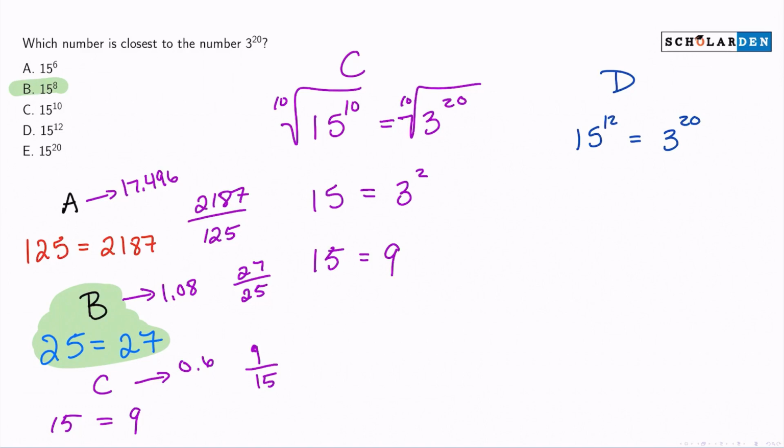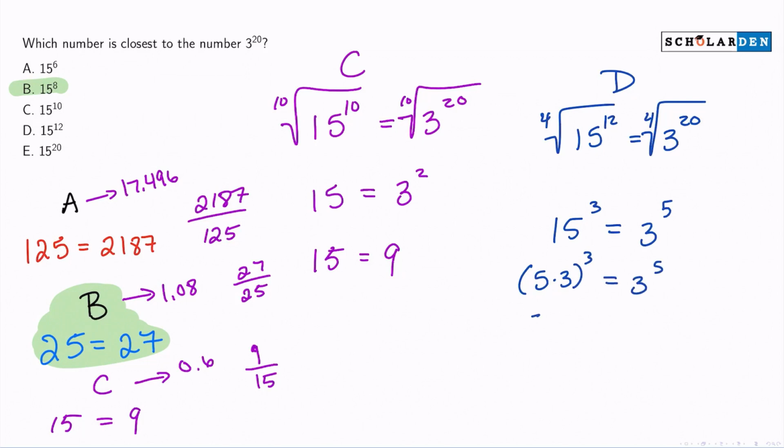So if we do this, we can take a fourth root if I wanted to, because both of those exponents are divisible by 4. So now we're going to have 15 cubed equals 3 to the power of 5. I also noticed that, again, same thing, 5 times 3 cubed.